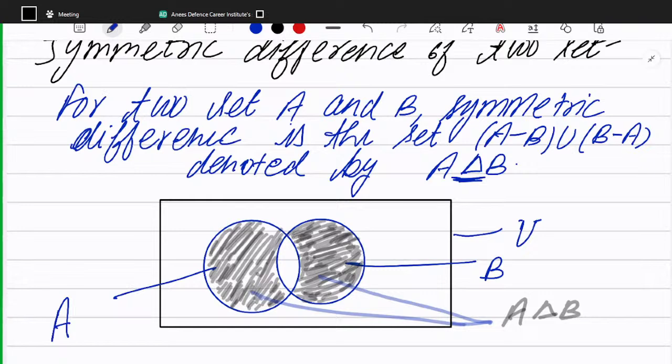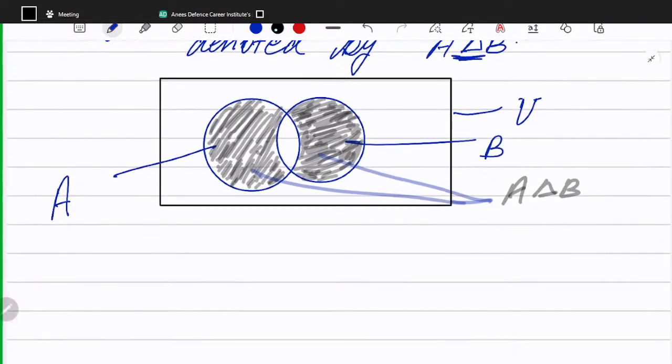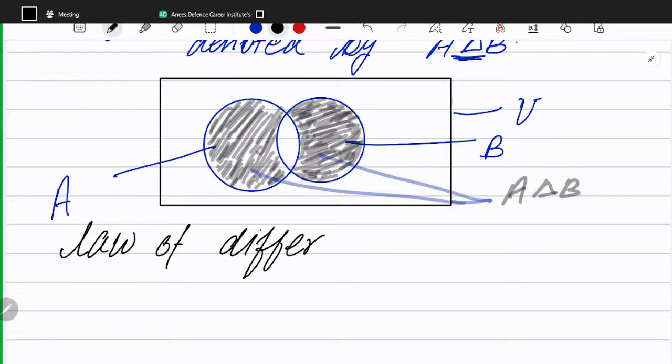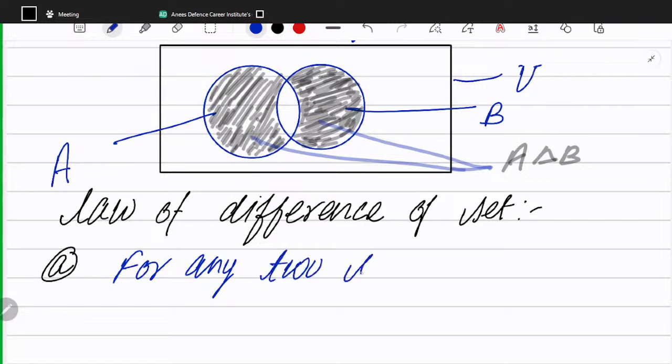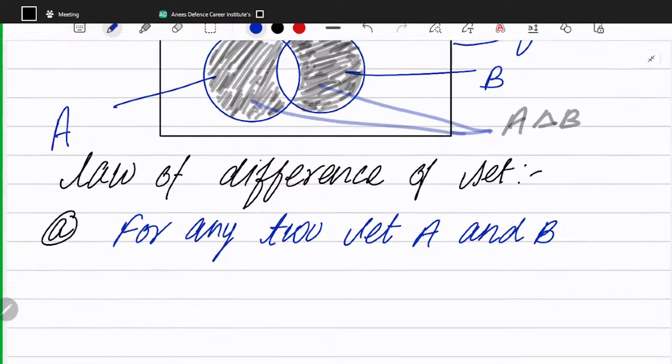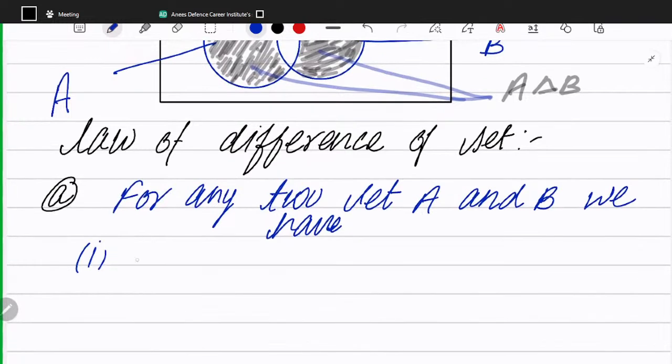Laws of difference of sets. For any two sets A and B, we have A minus B is equal to A intersection B dash.